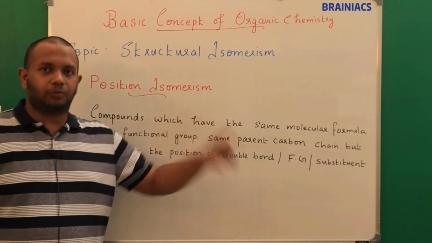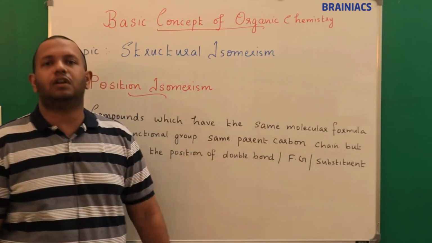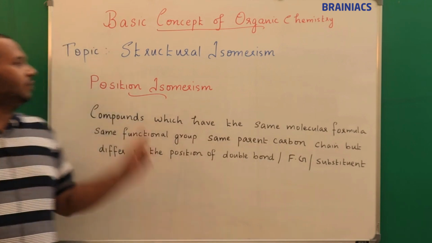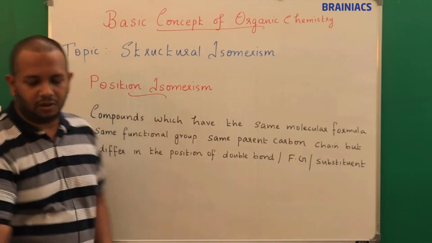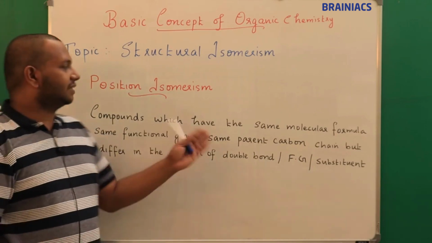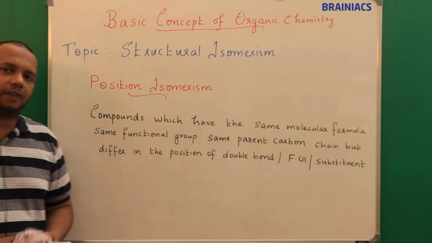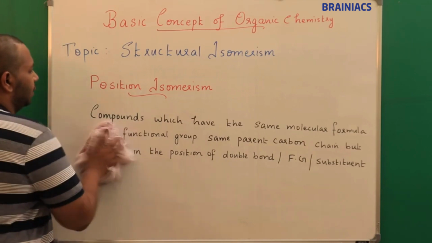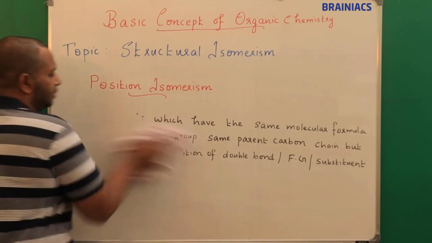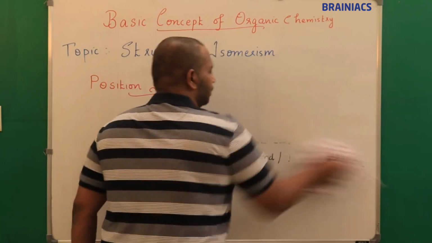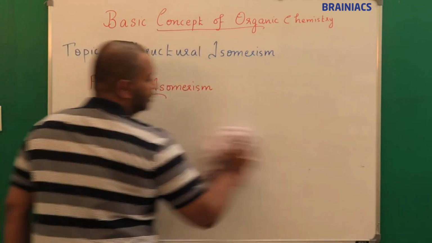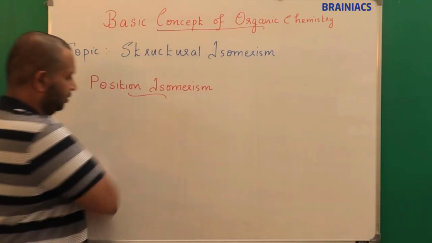If they are differing in the position of the double bond or functional group or substituent, then we say they come under the category position isomerism. Okay, so let's see examples so that it becomes more clear for you. Please note down the definition by pausing the screen. That will be useful in school exams.